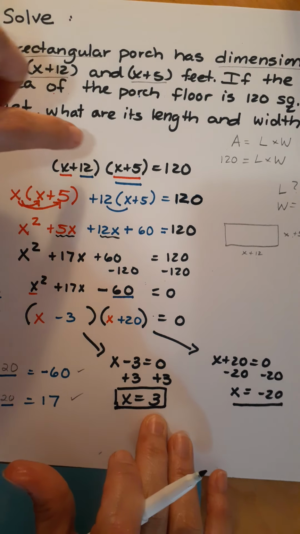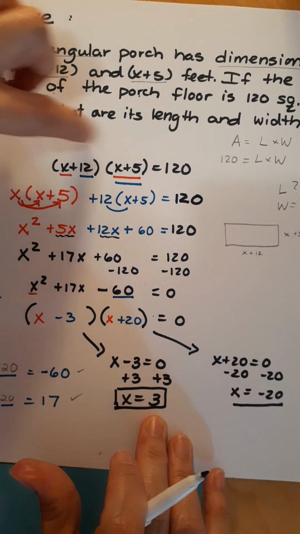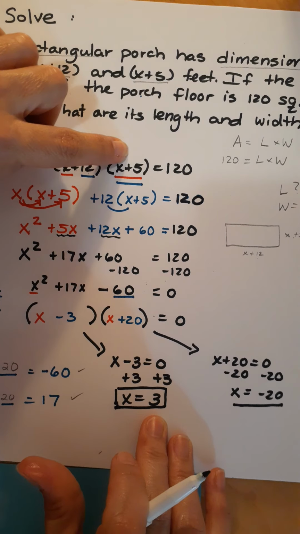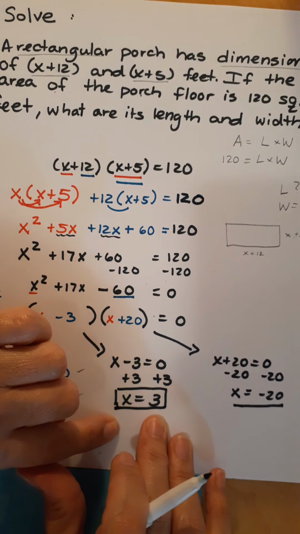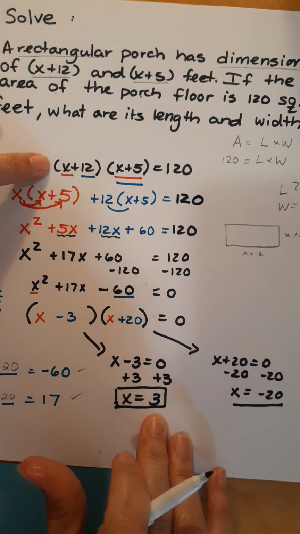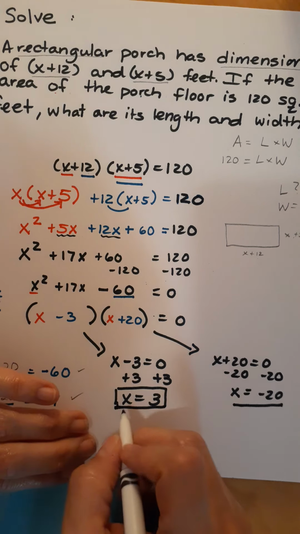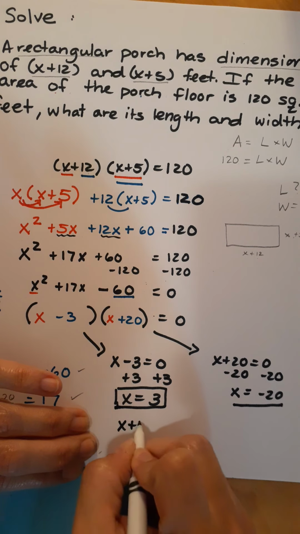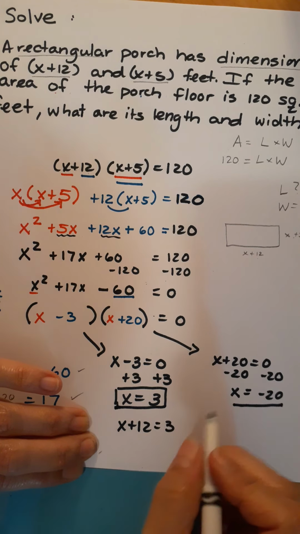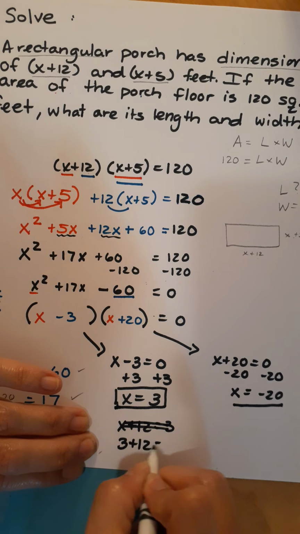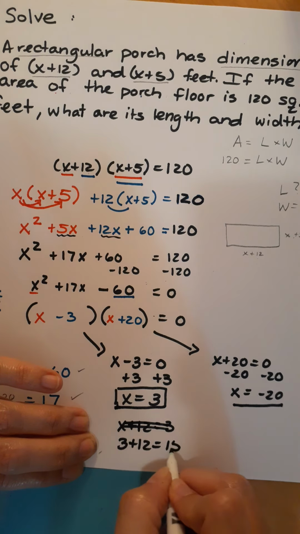We have to take this number and put it into this, and we should actually get the answer. So our x equals 3. We get x plus 12, excuse me. 3 plus 12 equals 15.